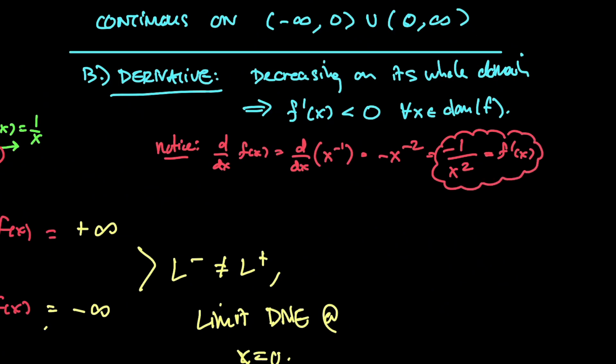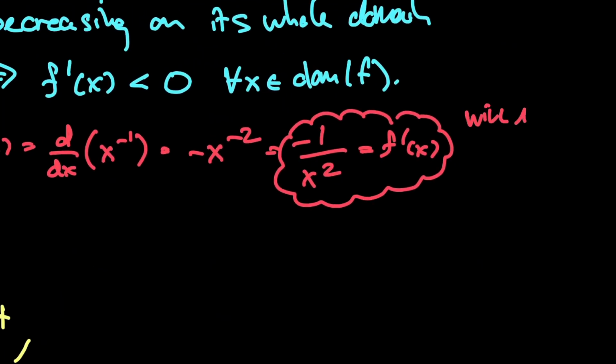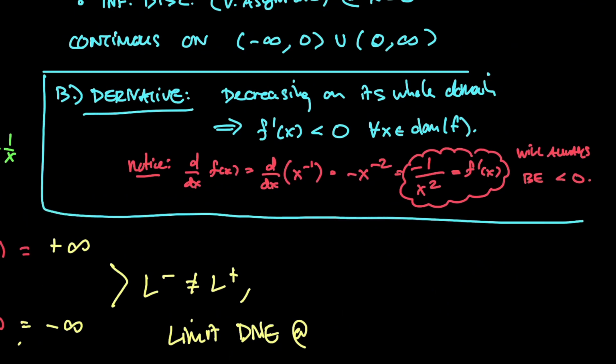From an algebraic perspective, whatever x I plug in here, besides 0, because that's not in the domain, it's going to get squared, so it'll be positive, and then it's being divided by negative 1, so this will always be negative. So since this will always be negative, that means f must always be decreasing, and that's exactly what we just said we're seeing from the picture.